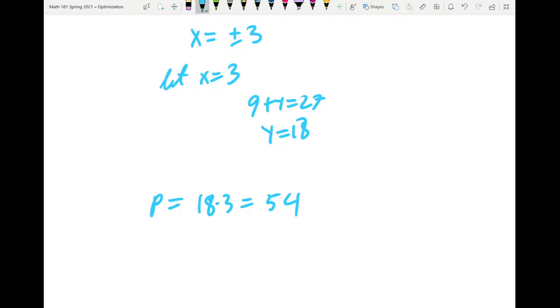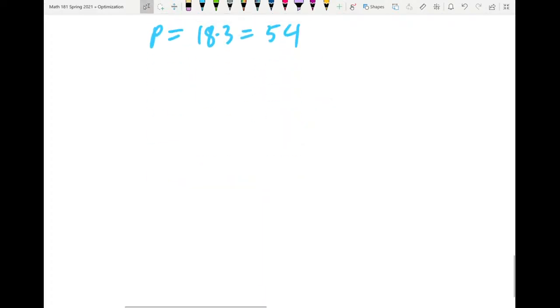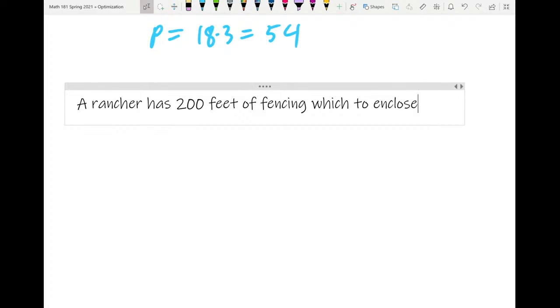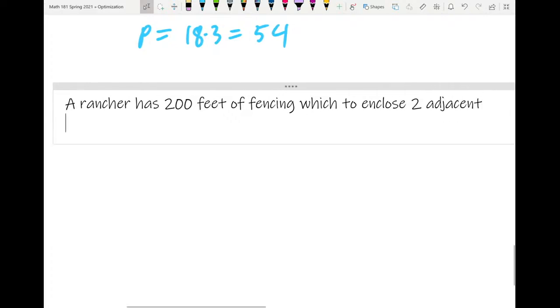All right, let's try some more problems. A rancher has 200 feet of fencing with which to enclose two adjacent corrals.